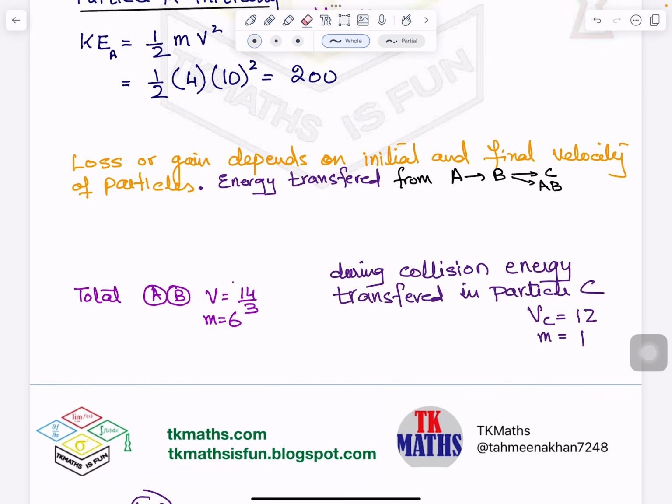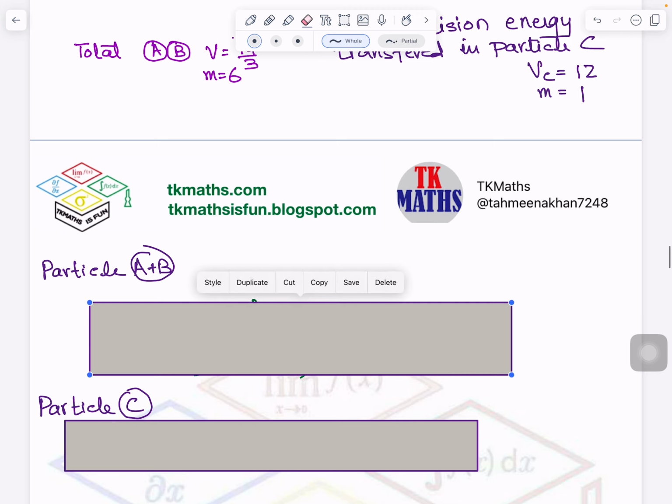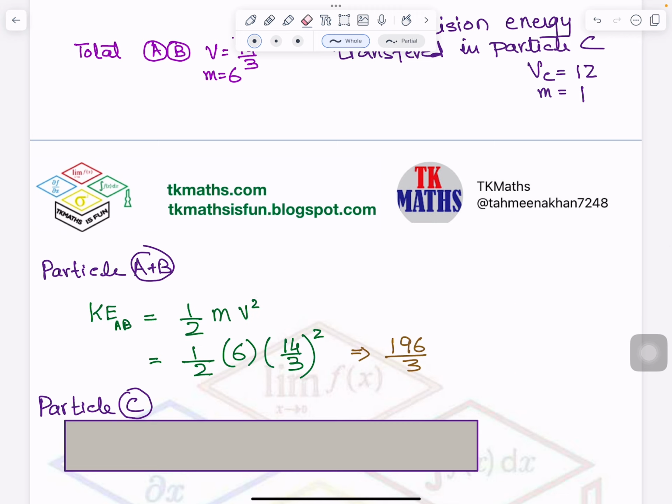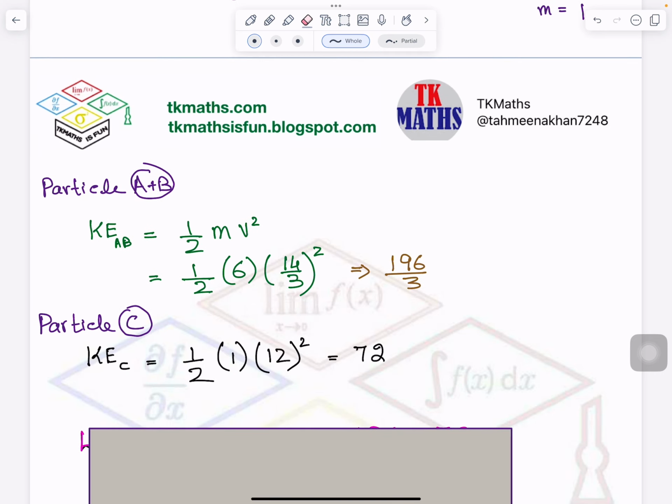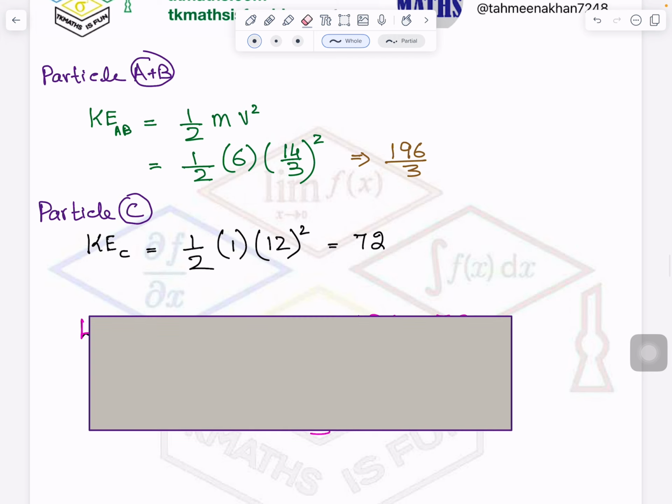I have already explained it to you. Now this is the velocity of A and B together, 196 divided by 3. I have written the whole number as it is so that we can get the last answer accurate. And the particle C, what is this? 72 joules, right? The unit of kinetic energy or any energy is joules. People pronounce it differently. So it is 72 joules.